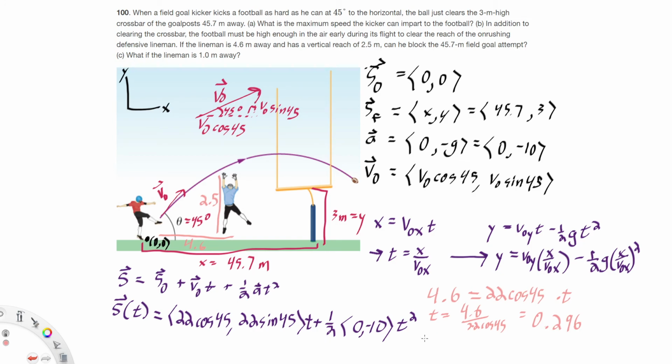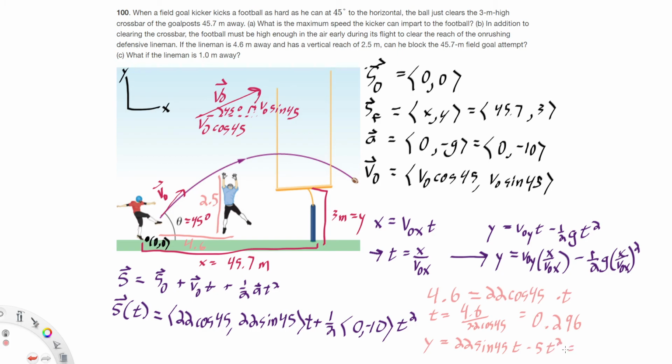Well, the height of the ball as a function of time is equal to 22 sine 45 times time, minus 10 divided by 2, which is minus 5, so minus 5 t squared.